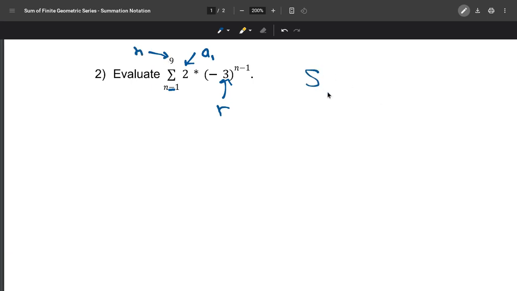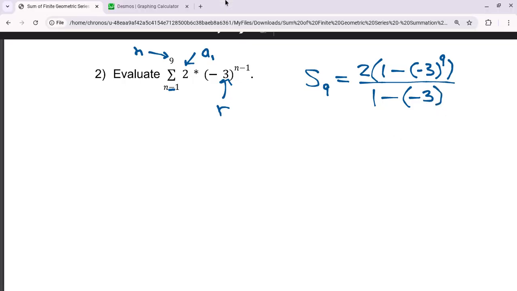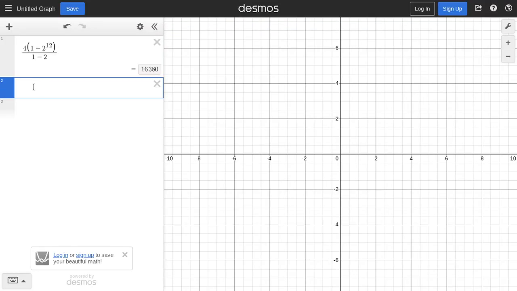So the sum of the 9 terms is equal to the first term, 2, times 1 minus the common ratio, -3, to the 9th power, over 1 minus the common ratio, -3. So we've got 2 times 1 minus -3 raised to the 9th power, and that's all going to be divided by 1 minus -3.